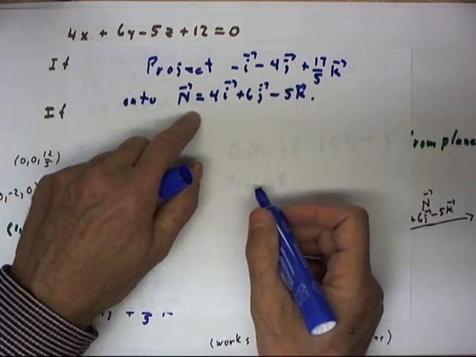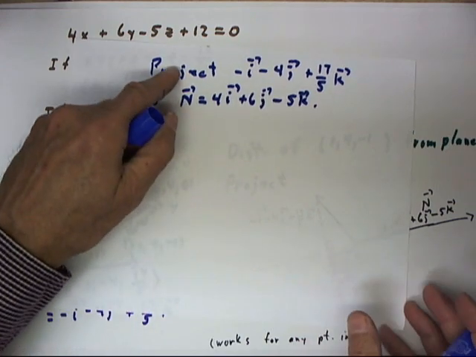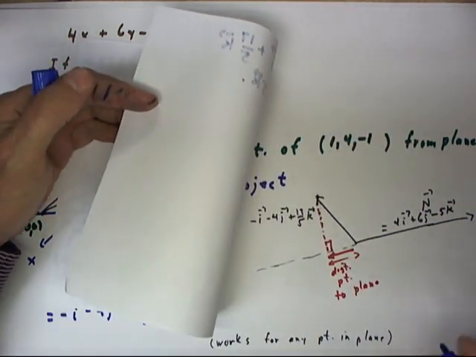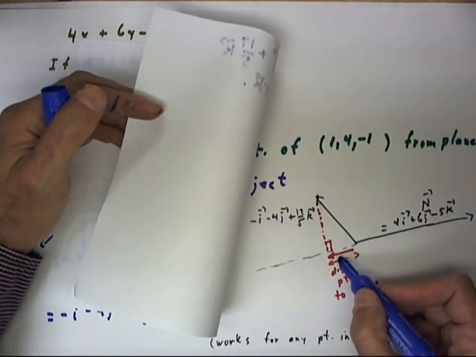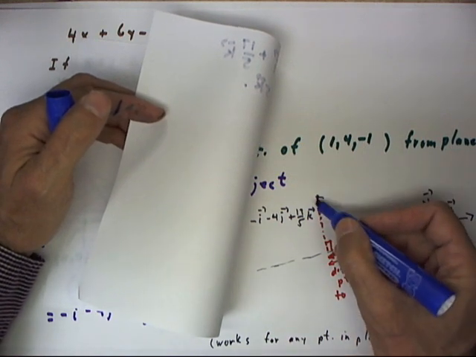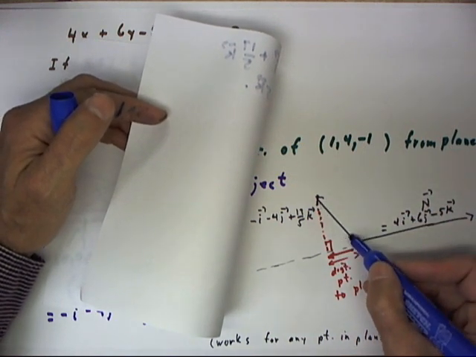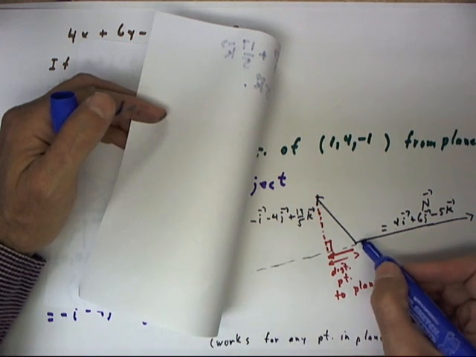Now remember to project a vector onto another, and we can see this by looking back here, the magnitude of the projection is just going to be the magnitude of this vector times the cosine of the angle theta between the two vectors.